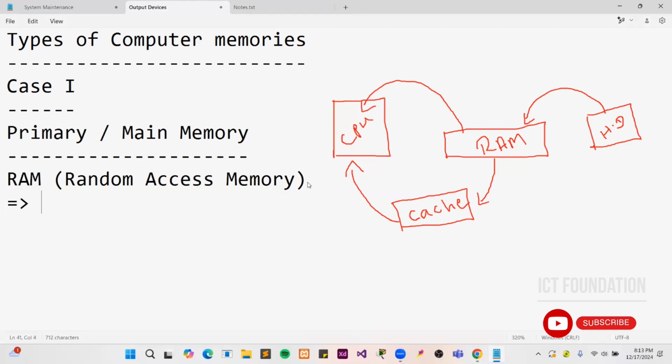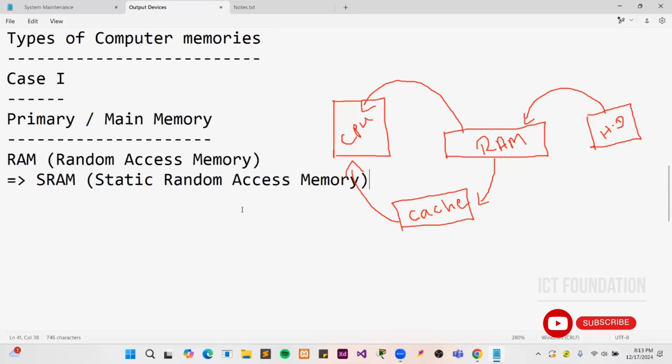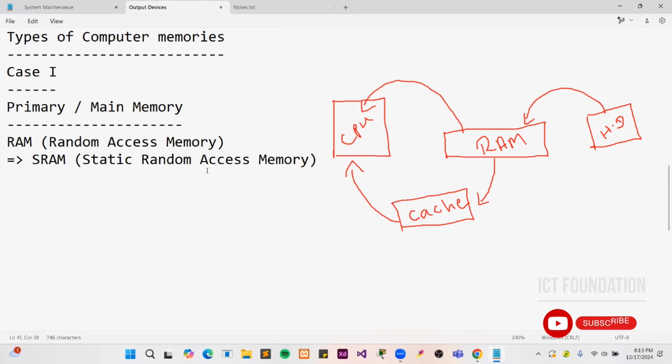The first one is SRAM. SRAM means static random access memory. In static random access memory, the data is stored in a static way.